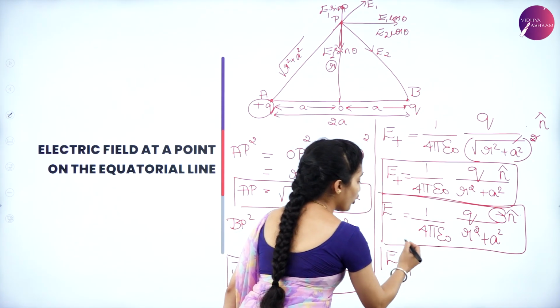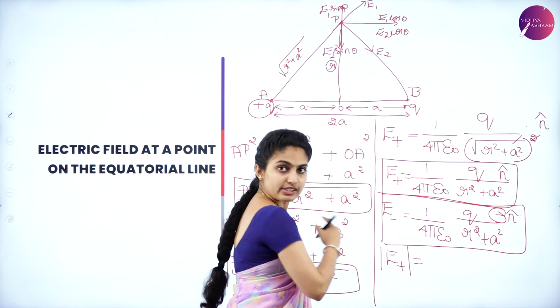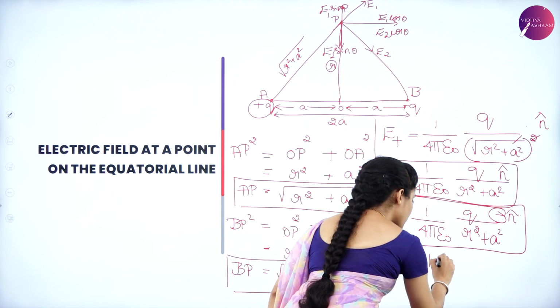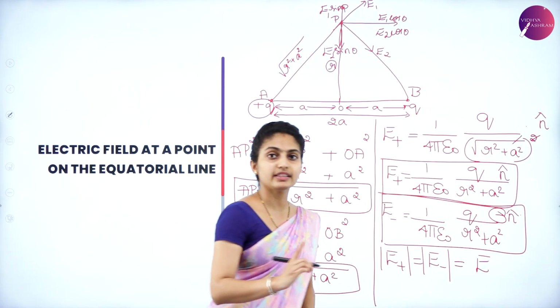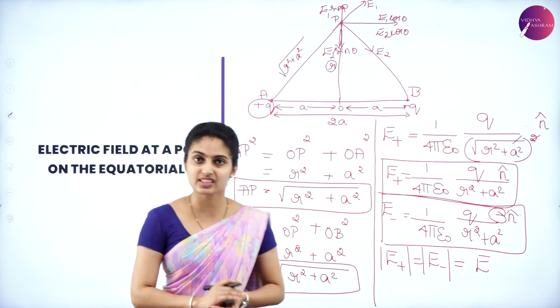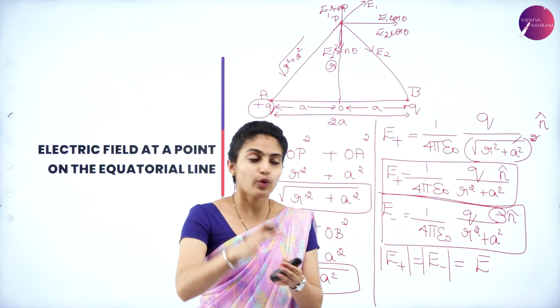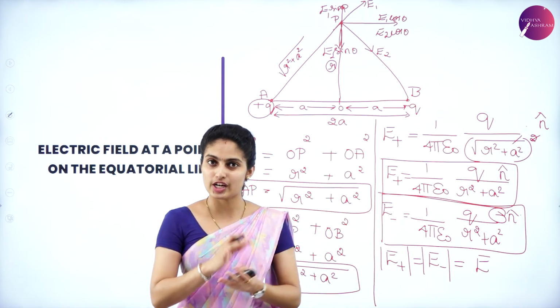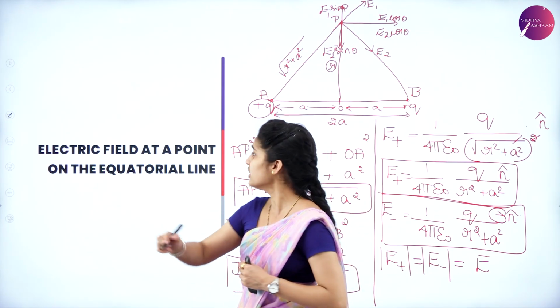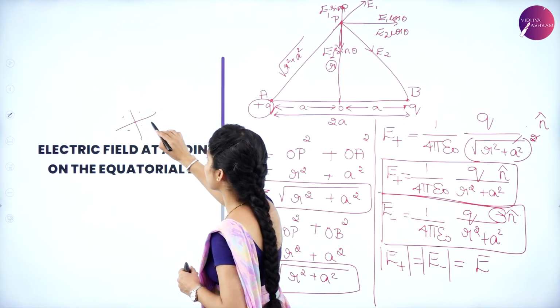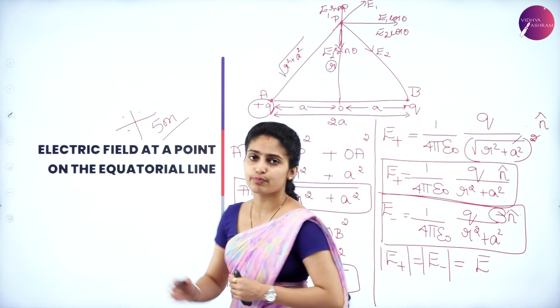So mod of the positive electric field and mod of the negative electric field are both one and the same, and it can be just E. These are the initial conditions, the preliminary steps you have to take for this derivation, and this is one of the most important derivations, and it's for 5 marks.